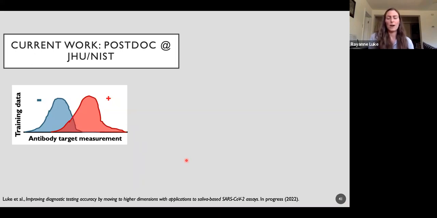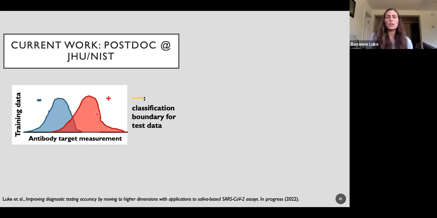If you think about COVID as an example, in the 1D setting, you want to take a known negative population where you've measured some antibody target. So these are people who have not had the disease, and look at people who are known to have had the disease, so COVID positive, for example.